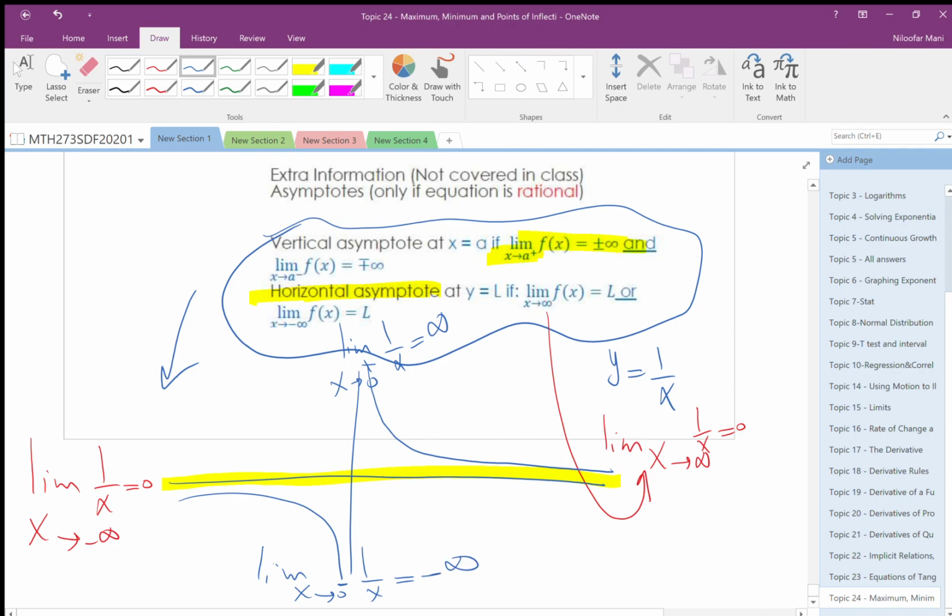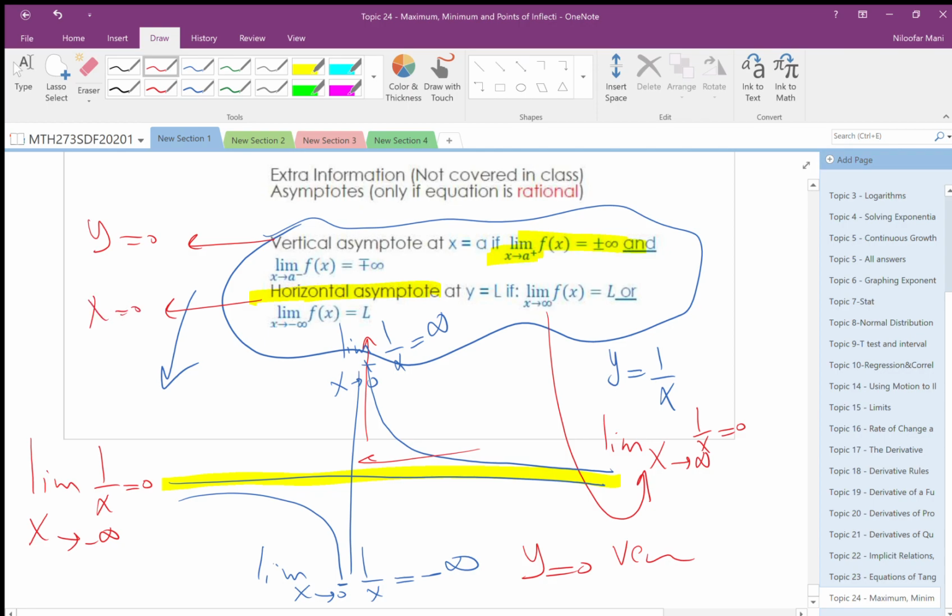You can see it's approaching up, up, up. But it doesn't touch it because it's by limit. And we know it doesn't reach, it just approaches. Okay? So I can say x equals 0 is the vertical asymptote. Okay, so here the vertical asymptote is x equals 0 and the horizontal is y equals 0.